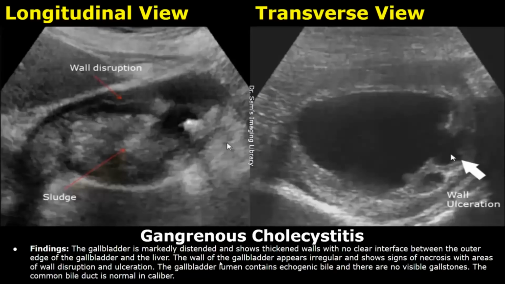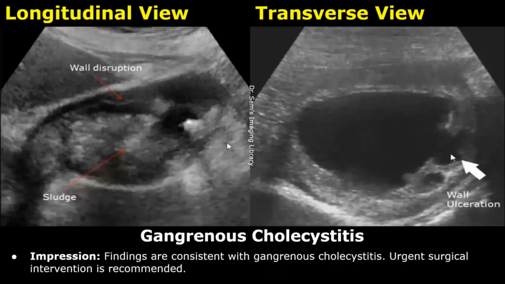Usually the walls are irregular, so you must mention that, and it will show signs of necrosis with areas of wall disruption and ulceration. The gallbladder lumen contains echogenic bile and there are no visible gallstones. This is in regards to this case.